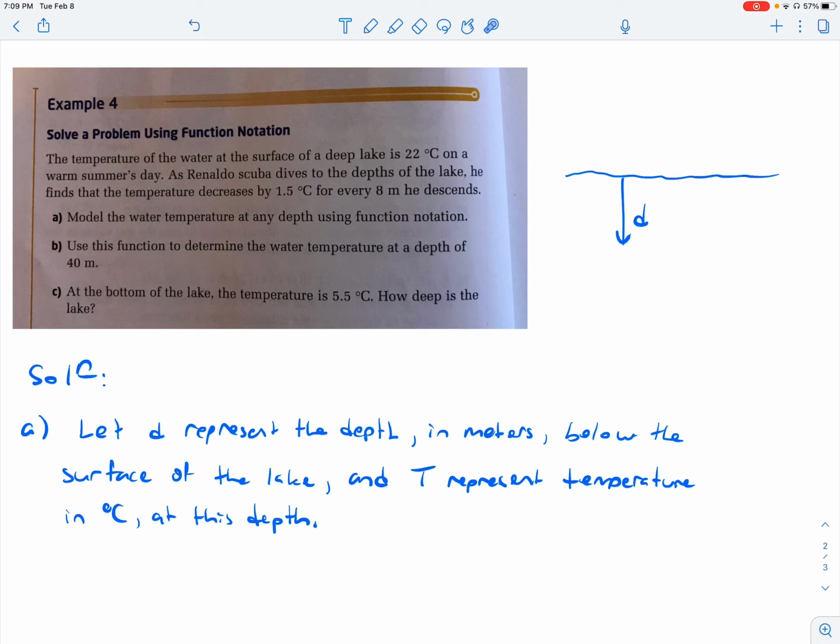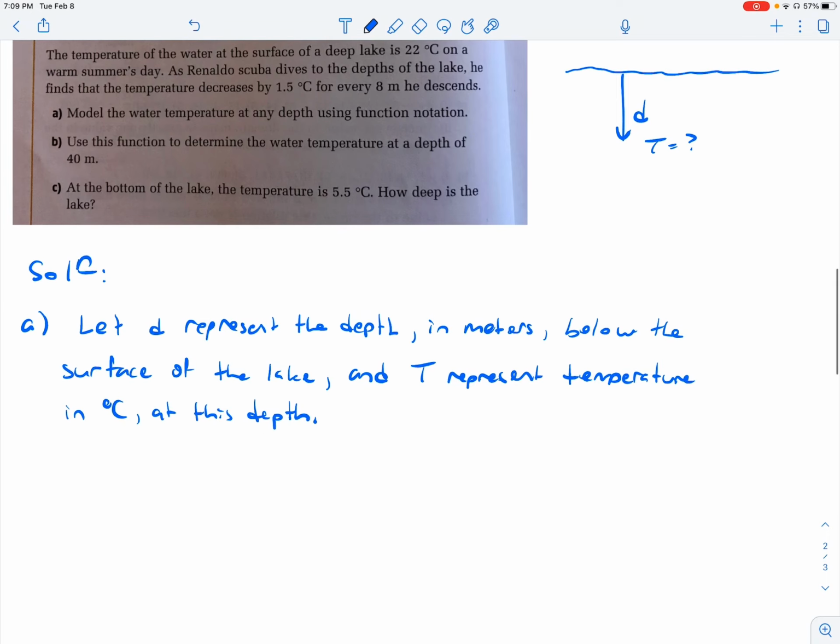So you give me a value for D, and I will tell you what the temperature is. So in function notation, we can say that temperature actually depends on depth. That makes a lot of sense. You give me the depth, I tell you the temperature.